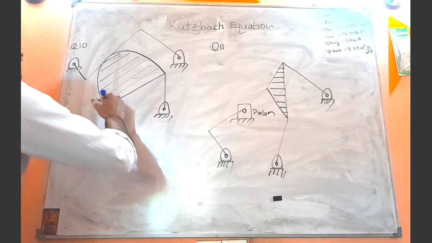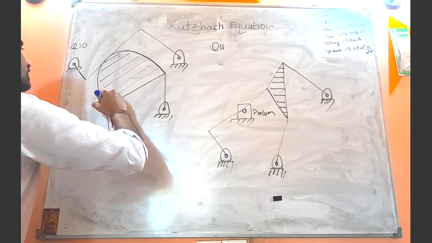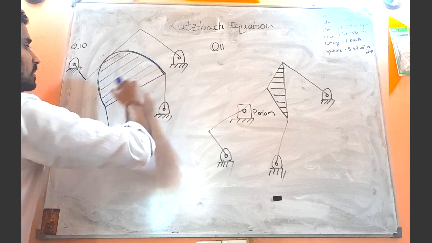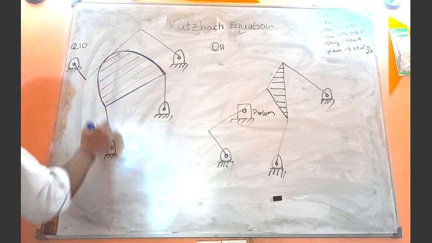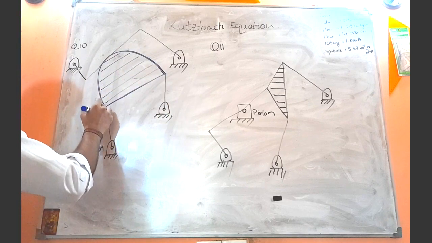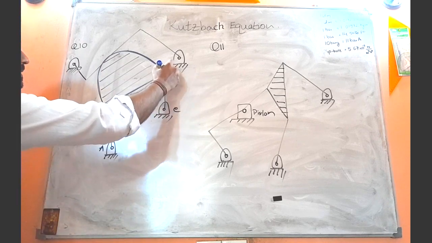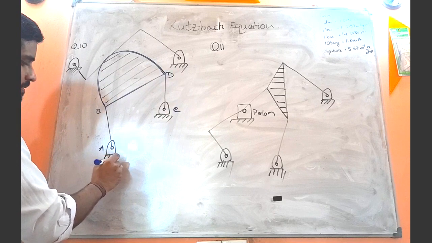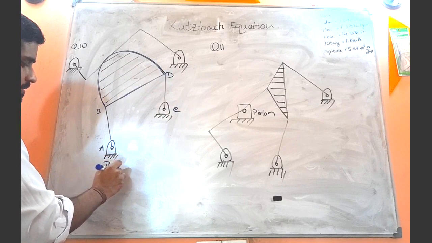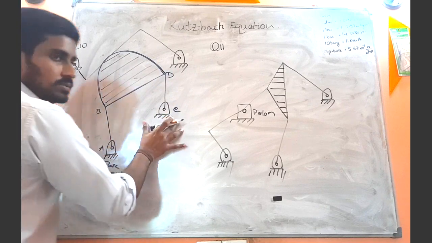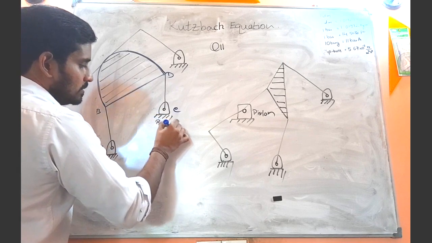Now, as you can see here, this is one single plate, okay? This is a link AB, and this is a link CD, and this is the base or the ground, right? And here also you can see the base or the ground.